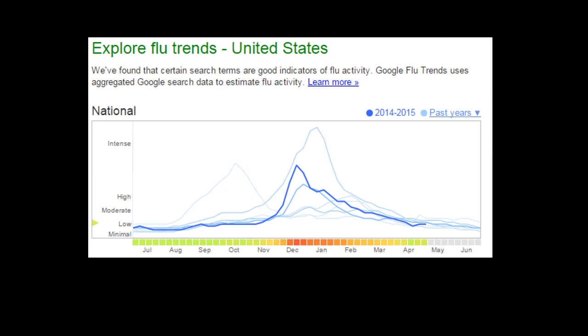So they can actually estimate the prevalence of flu across months during a flu season, using the search terms that people enter into Google that are indicators of flu activity. So people might enter information about their symptoms or how they're feeling, and Google can actually, with some level of reliability, identify people who have the flu, and they can use that data to estimate the prevalence of the flu in different places, particularly in the United States.